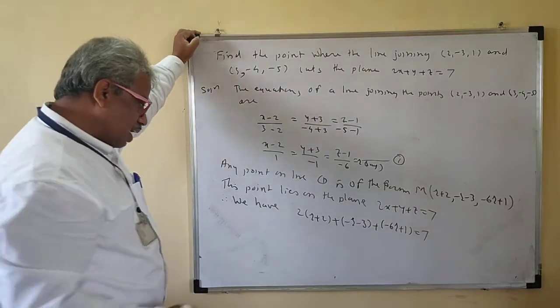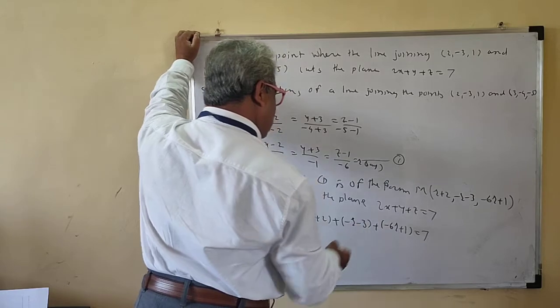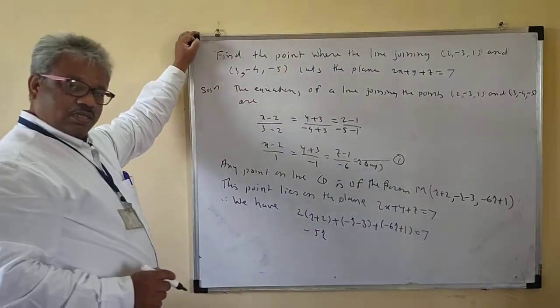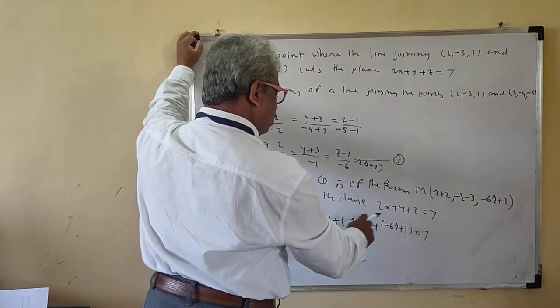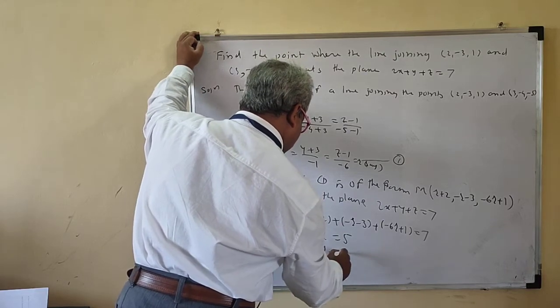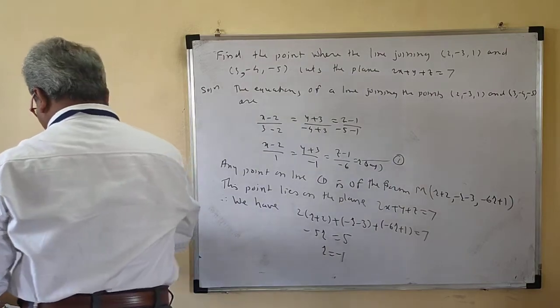Okay, so how many r are there? 2r, and this is what, minus 7r. So this is minus 5r then. Just collect the constants. This is plus 4 minus 3, so 1 is there. So plus 2, so this will be what, 5. So r is equal to minus 1. So the value of r will be minus 1.